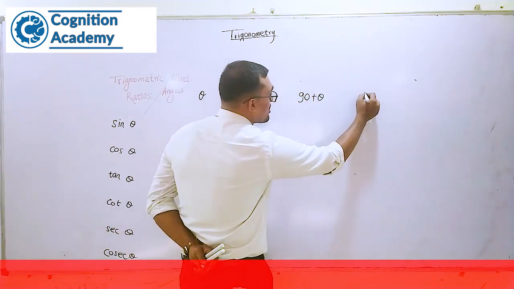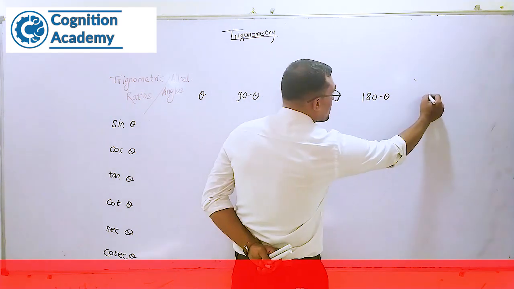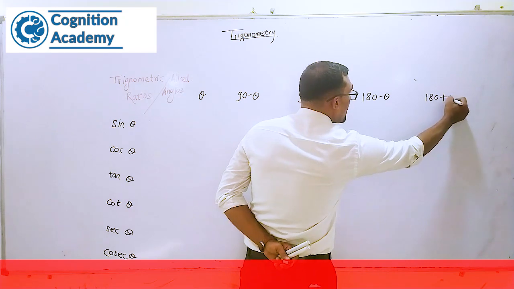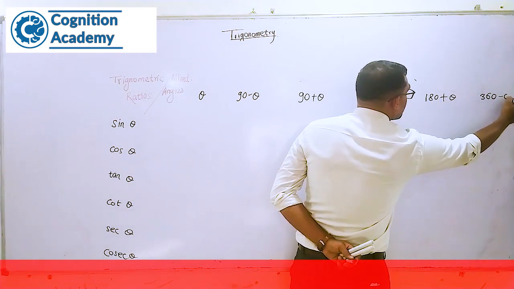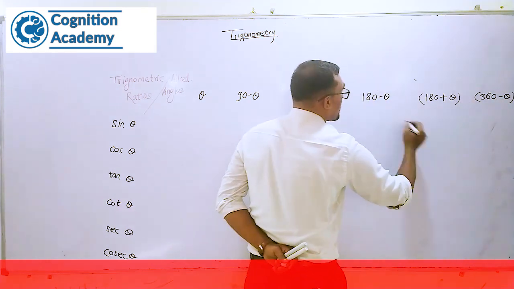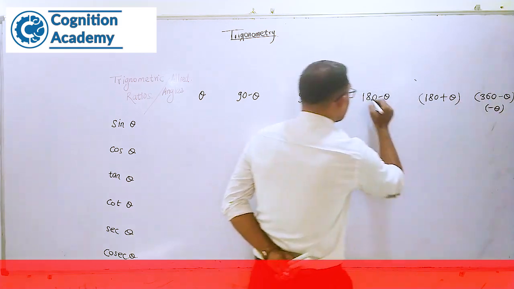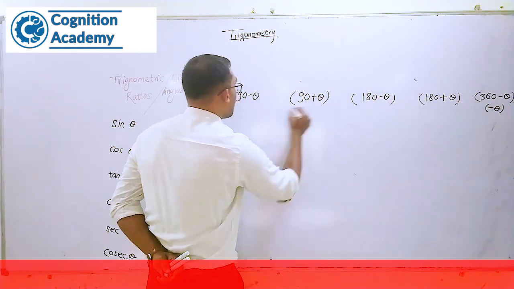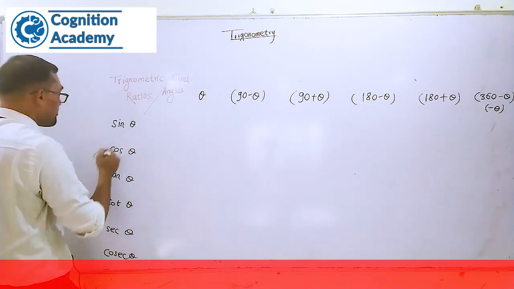Another was 180 minus theta. Next 180 plus theta, and the last is 360 minus theta, which is also equal to minus theta. So these were our different angles. So now let us make it a table.